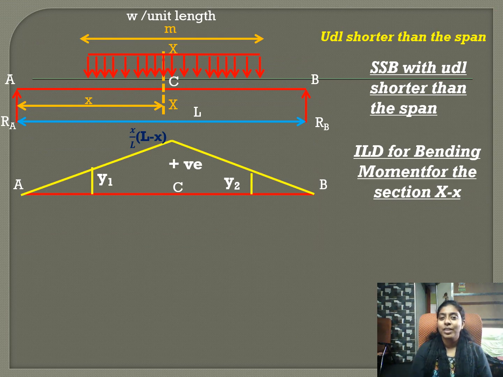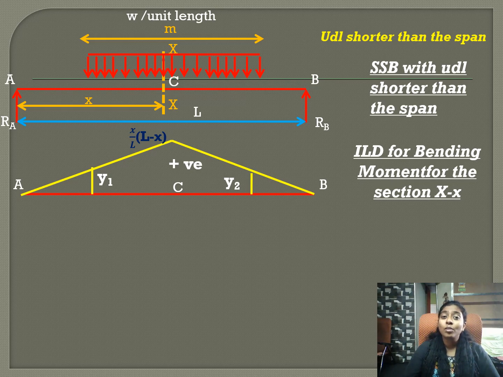Now what will be the maximum bending moment? Listen. So we know the ordinate for the maximum bending moment is x by L into L minus x. Now this UDL is shorter than the span. So this should be placed in such a way that we should get maximum bending moment.